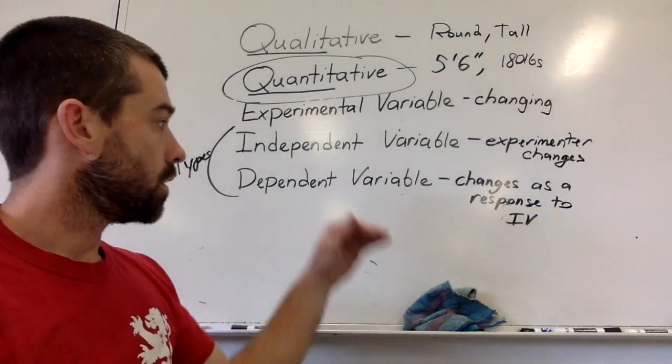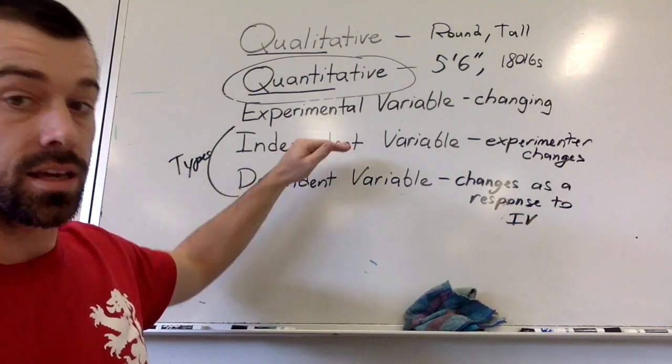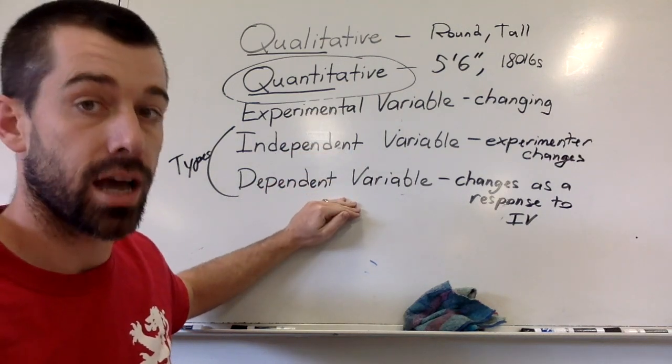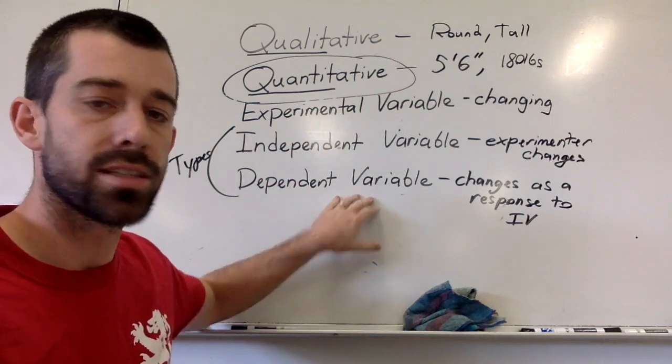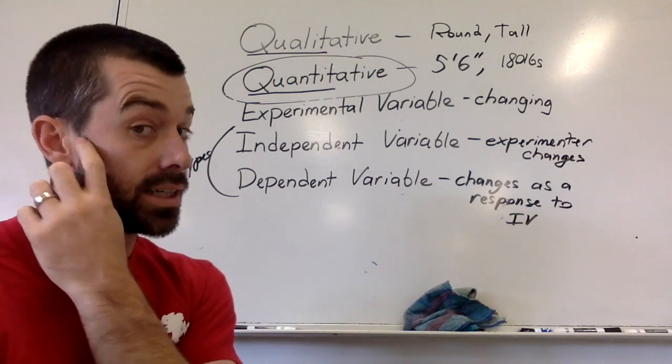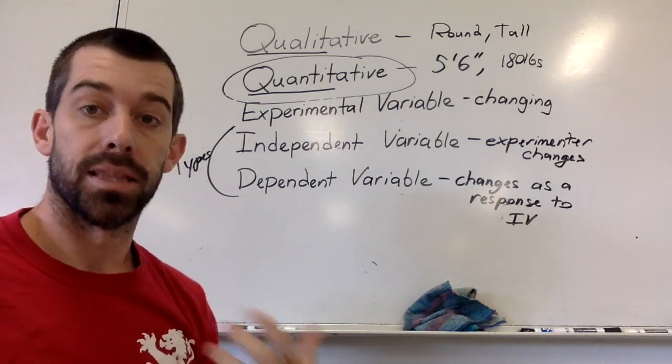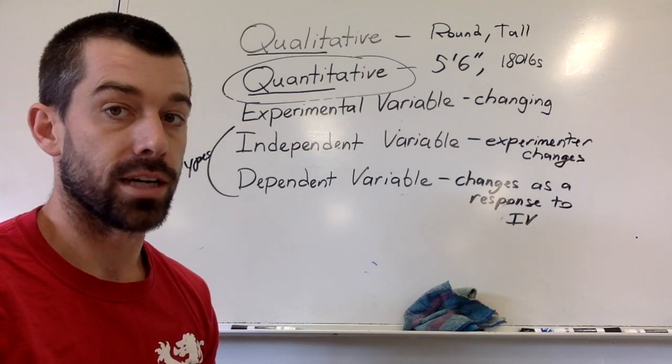So you change this, and this changes as a result. It might increase, it might decrease. Sometimes actually the dependent variable, we think it's going to change and it doesn't, but that's often a significant discovery as well.